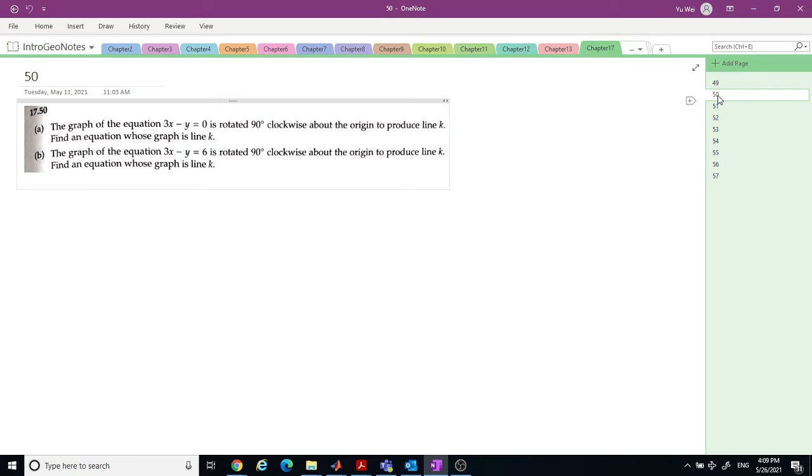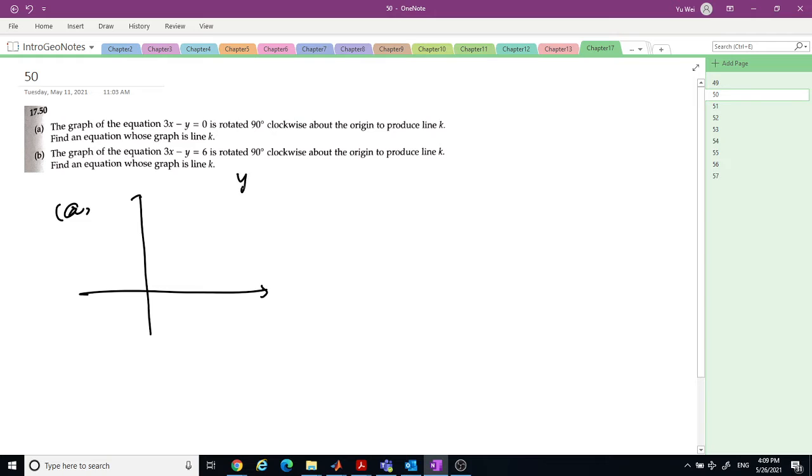Next, the graph of the equation is rotated 90 degrees clockwise about the origin. Let's solve A first. A is y equals 3x, which passes through the origin. If you rotate 90 degrees clockwise, it's rotating about the origin.